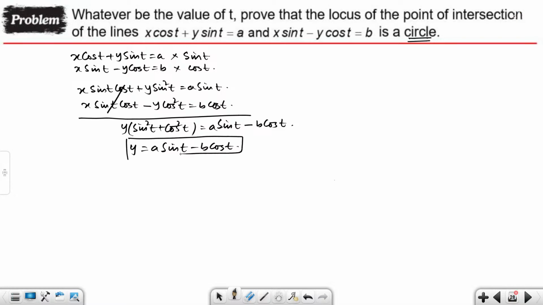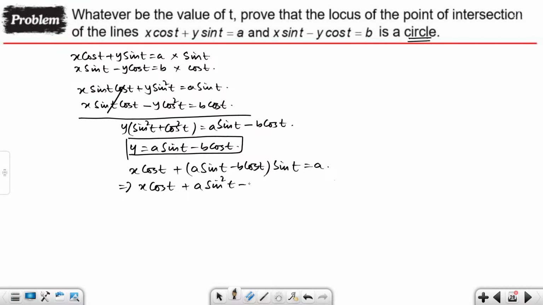Okay? And what about your x? So x cos t from the first equation. From here we are getting x cos t plus a sin square t minus b sin t cos t is a.